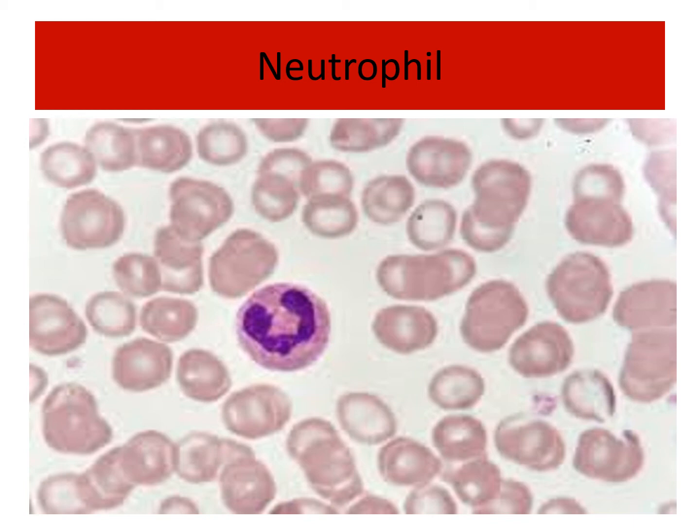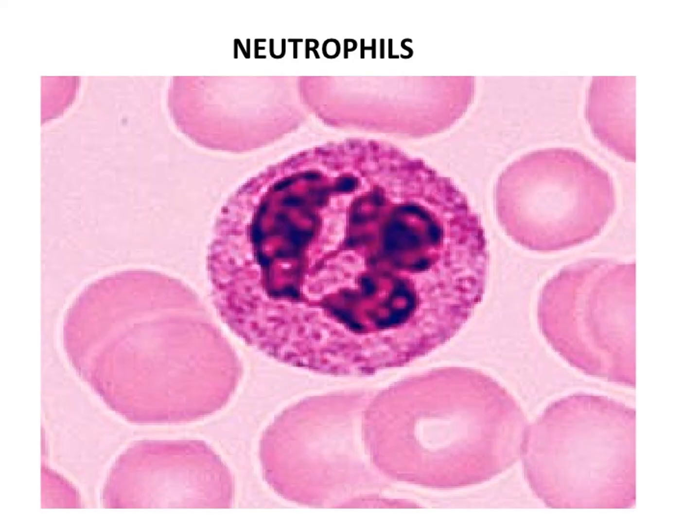Granules are lysosomal in origin and contain a variety of enzymes. So these are some characteristics of neutrophils. The diameter of neutrophils is 10 to 14 micron, and the nucleus is 2 to 5 lobed. Here again you see the different pictures of neutrophils.